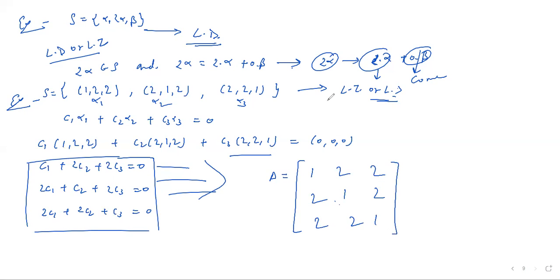For linear independence, I have to find the value of the scalars. If the scalars are all 0, then the vectors are linearly independent. If the scalars are non-zero, then the set of vectors is linearly dependent. So basically I have to find the values of C1, C2, C3.